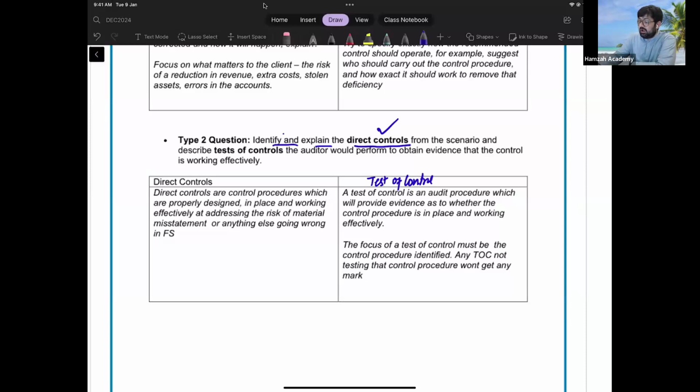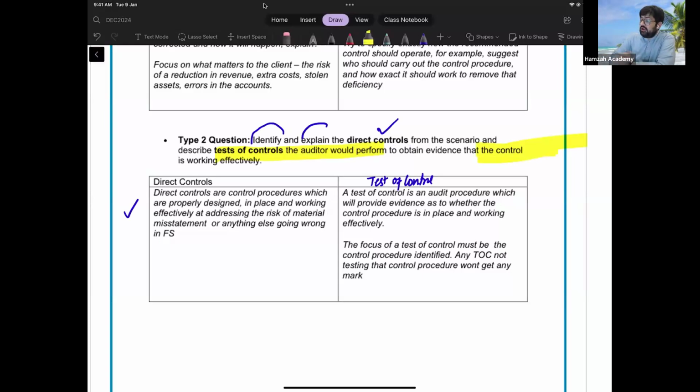So basically, identify and explain. Two things are there, so they need to be explained. And then describe test of controls the auditor would perform to obtain evidence on those specific controls.